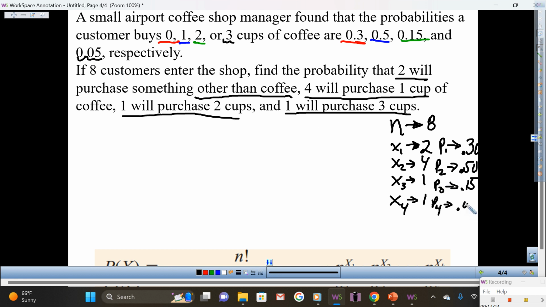0.05. And by the way, I don't know if you saw the small print on that formula, when you copy the formula, it says that all the probabilities have to add up to how much? Tell your neighbor again. Very good. 1. Yeah. All right.